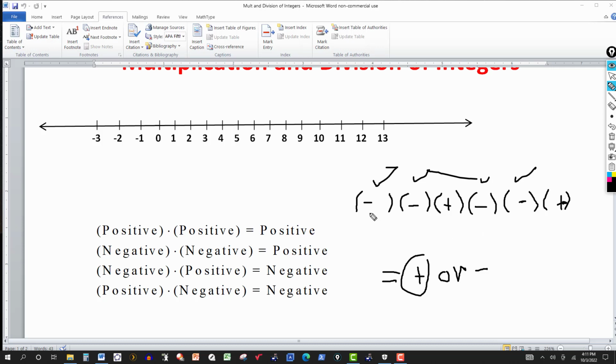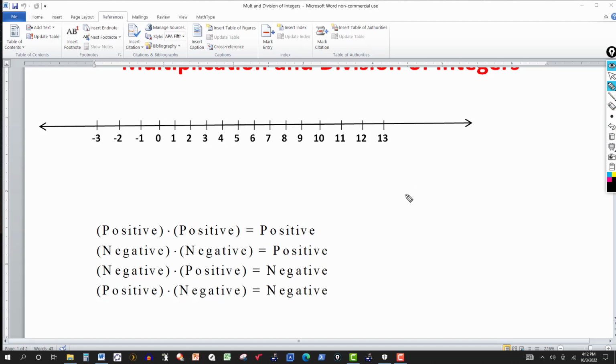And the reason for that is anytime you have an even number, you can pair them up. So these two go together. That's positive. These two go together. Negative, negative, positive. And if you don't have any negatives left, the answer is always going to be positive. So if I have a negative times a negative times a negative, that's an odd number.